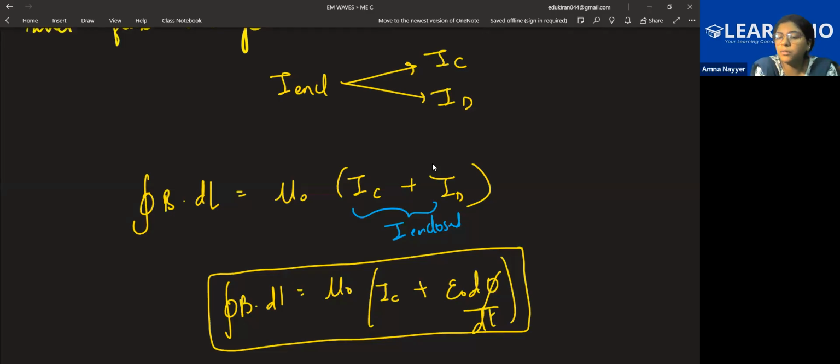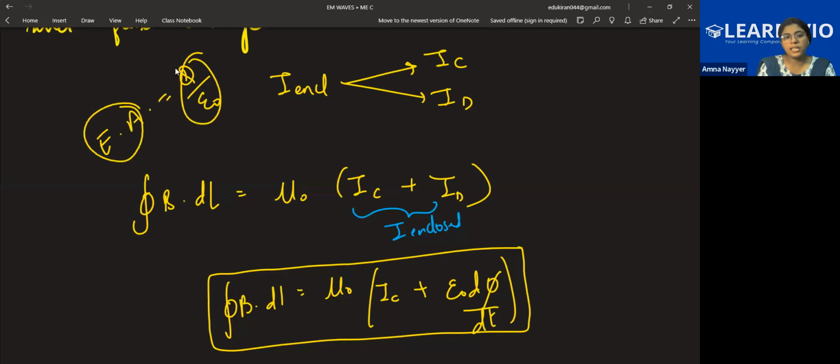What was Gauss theorem, class? Electric field and area, EA equals Q by epsilon naught. So what is EA equal to? What was that quantity?